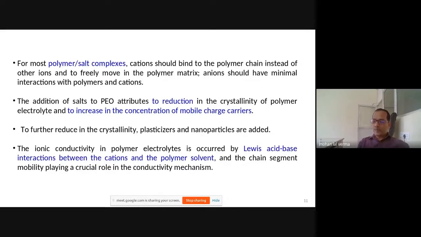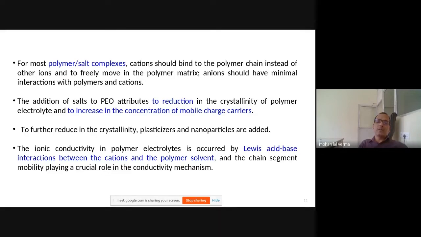As far as theory is concerned, it is mentioned in some theoretical papers that when we dope salt or use a plasticizer, the polymeric chain gets disturbed, and there is a free volume theory where ions move in between the polymeric chains when the volume increases.